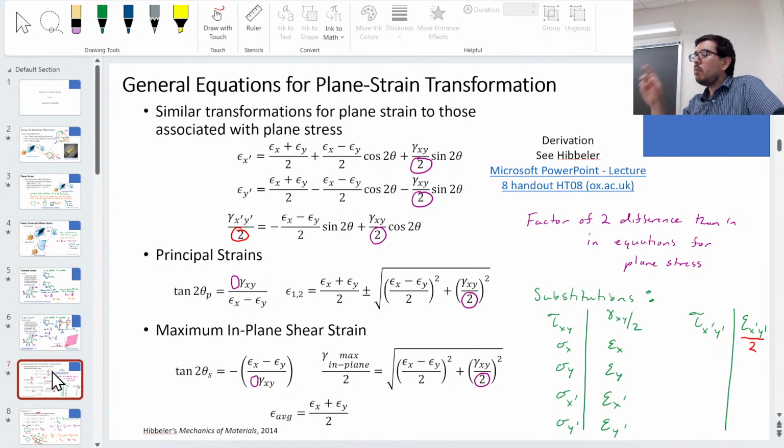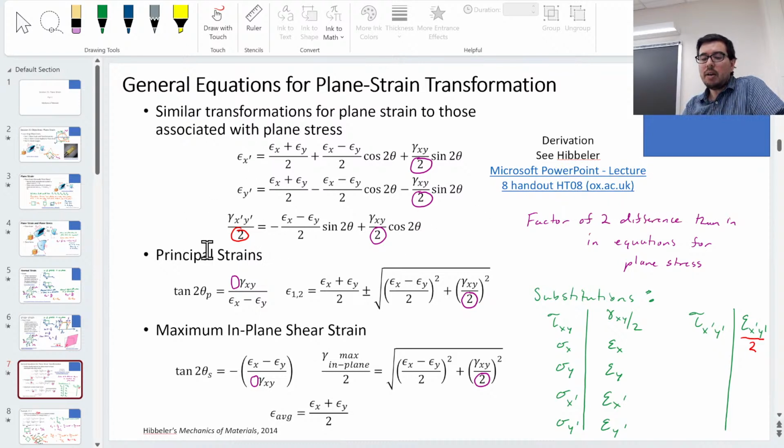And if you remember when we were doing the finite element analysis, we were talking about the Cauchy tensor, and how a lot of times, when you write out the tensor or the matrix for the strains, that tensor is filled with gammas over 2, okay? And that works itself out in the math. If you want to look, in Hibbeler's book, you can. If you want to look at this handout online, you can see the derivation.